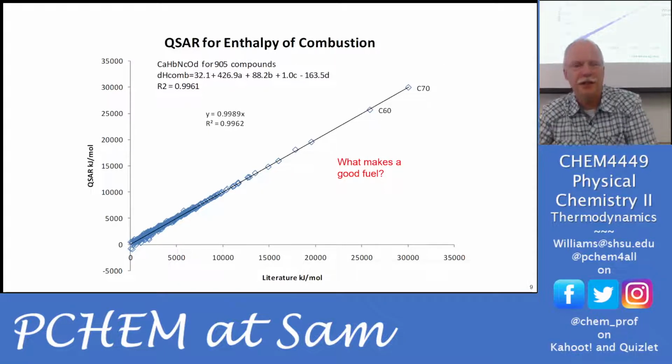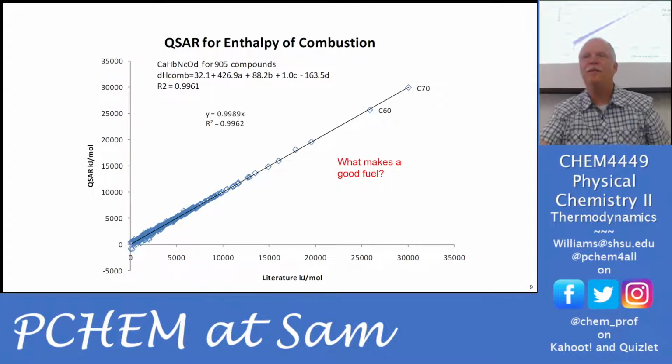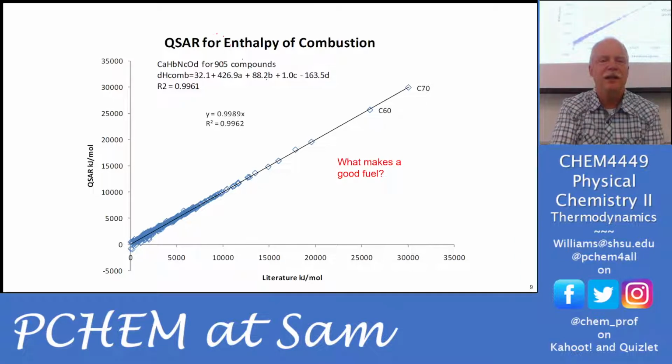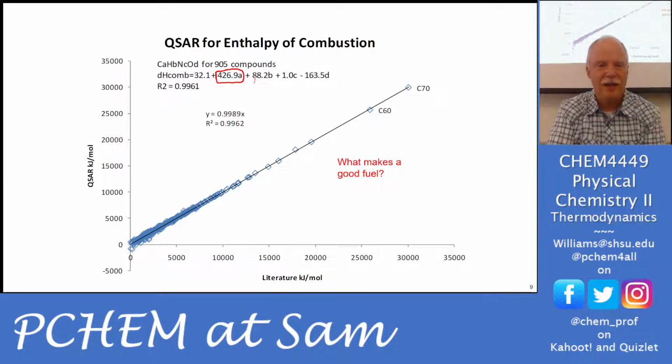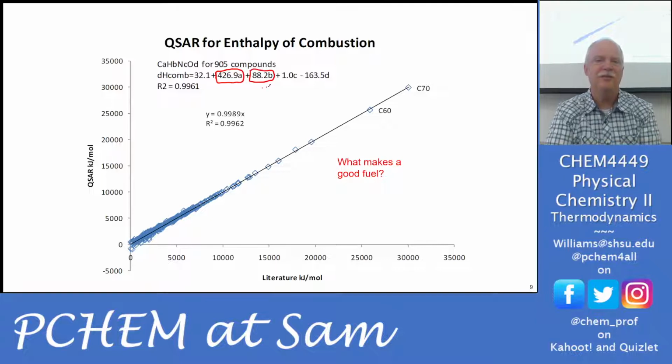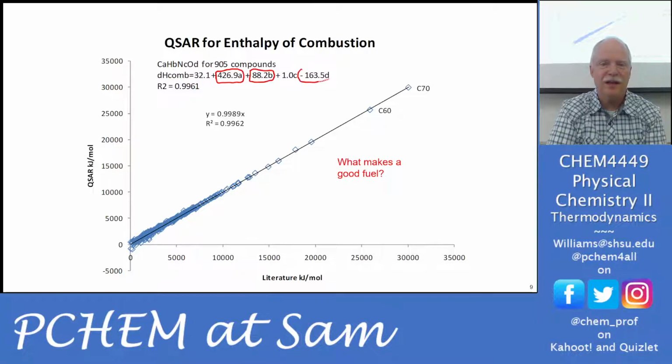So we did this with the QSR or QSPR lab. Remember that? We got this equation. This was for 900 compounds. And so carbon has got the biggest contribution to it. And so we get a lot of energy out of carbon. Here's the hydrogen content. And so those are the biggest 2. Notice the oxygen is negative.